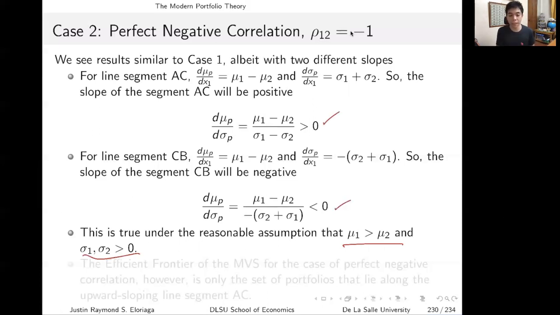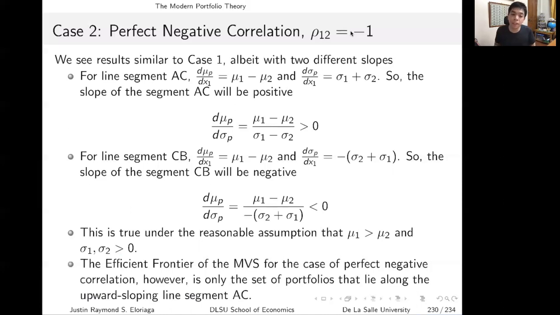And the efficient frontier of the minimum variance set for the case of a perfectly negative correlation, however, is only the set of portfolios that lie along the upward sloping portion, which is AC. So again, the EF, or the efficient frontier of the minimum variance set, is only the upward sloping portion of that curve.